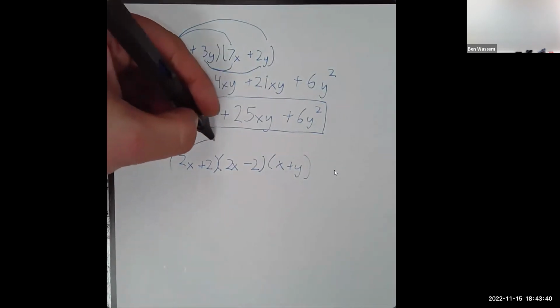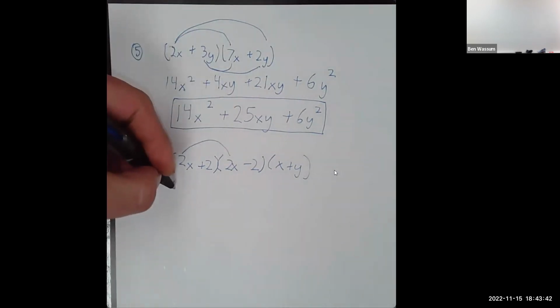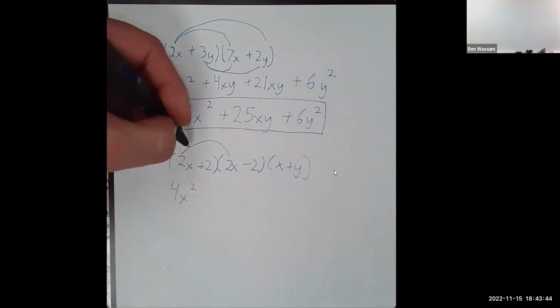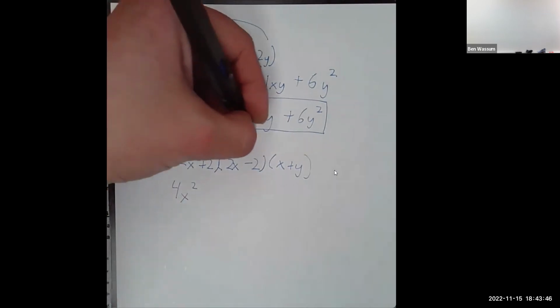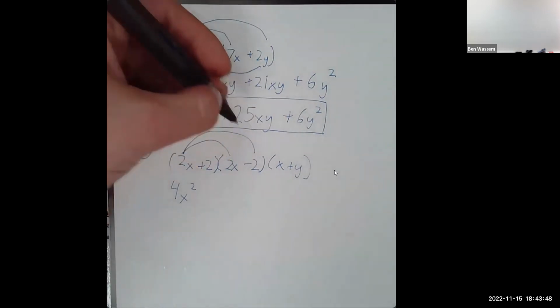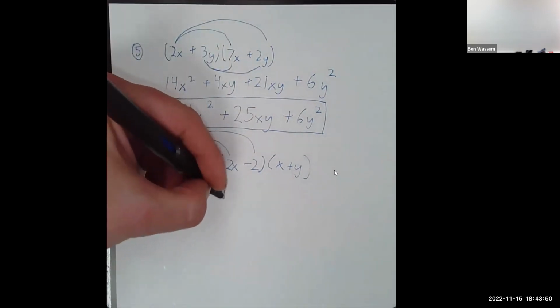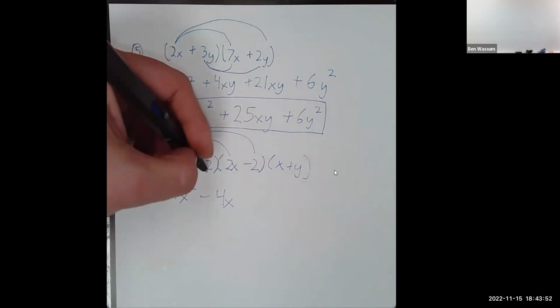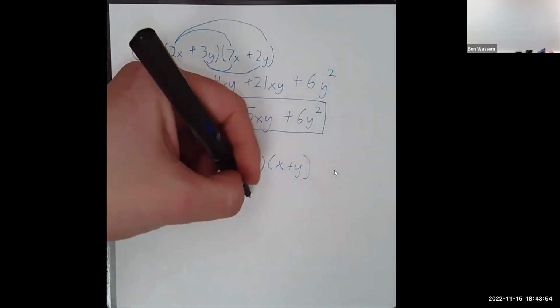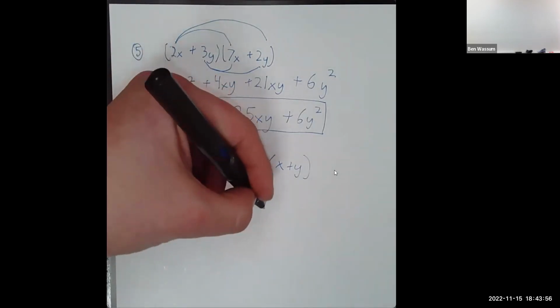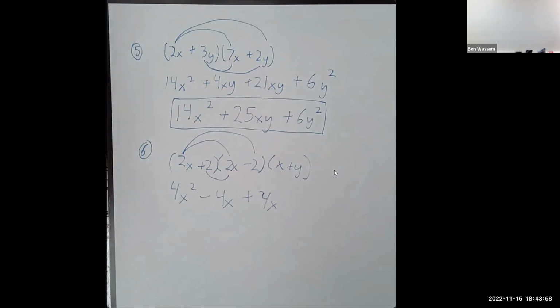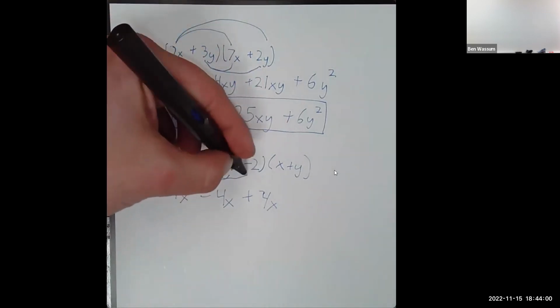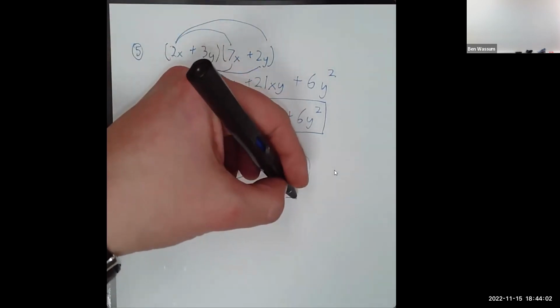So first, we'll have 4x squared, outer 2x times -2, we have minus 4x, inner 2 times 2x, we have a plus 4x. And last, we have 2 times the -2, which is minus 4.